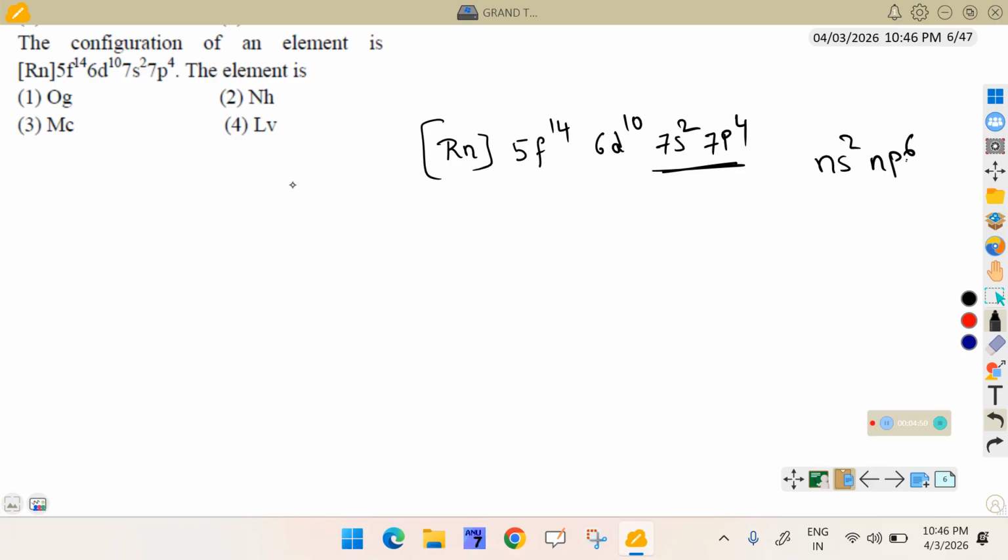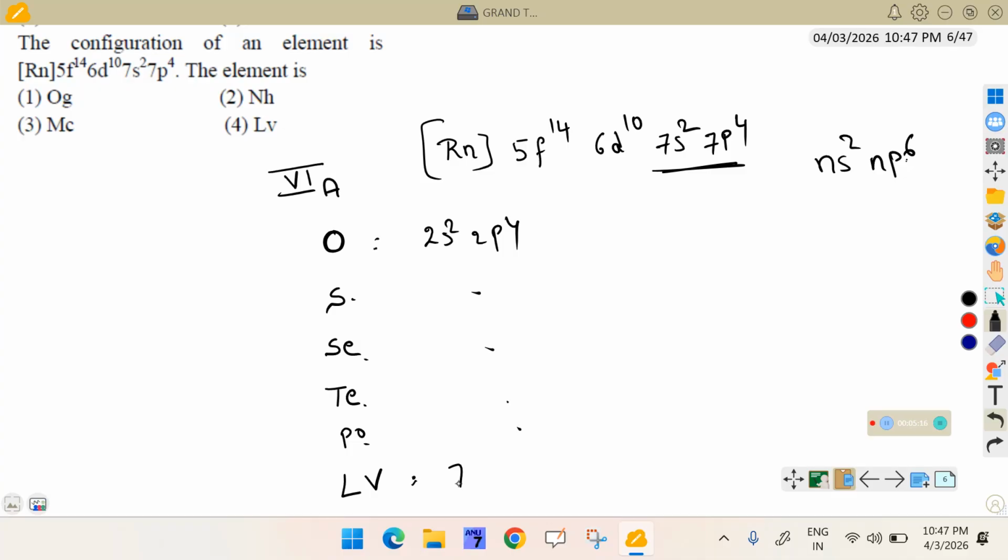So the element belongs to 6A group. 6A group elements are oxygen, sulfur, selenium, tellurium, polonium and livermorium. Oxygen is 2s2 2p4, sulfur 3s2 3p4, 4s2 4p4, 5s2 5p4, 6s2 6p4, 7s2 7p4. So the correct answer is 4.